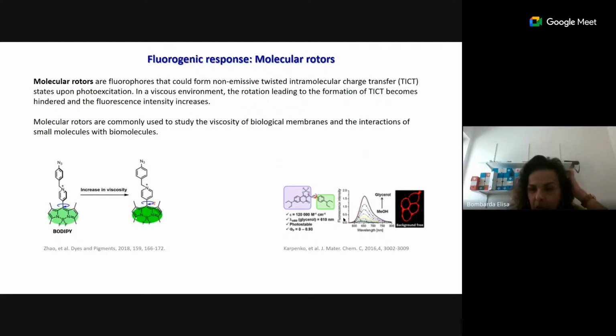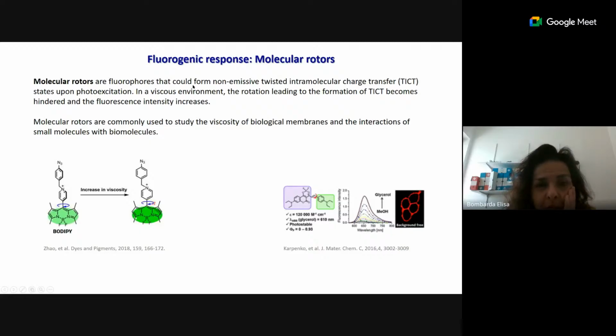And now let's see how this can be translated in a fluorogenic response and what it is useful for. So that is the case of molecular rotors of this type, where the fluorophore is actually the BODIPY, and there is a rotation along this bond.